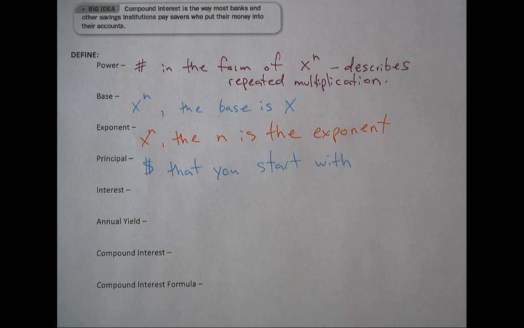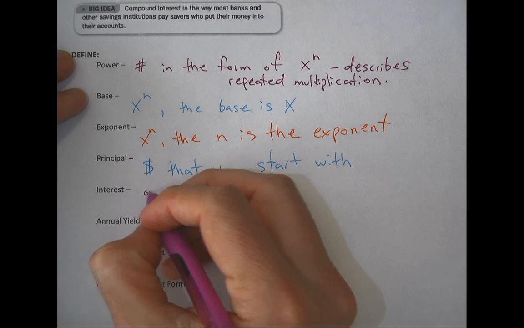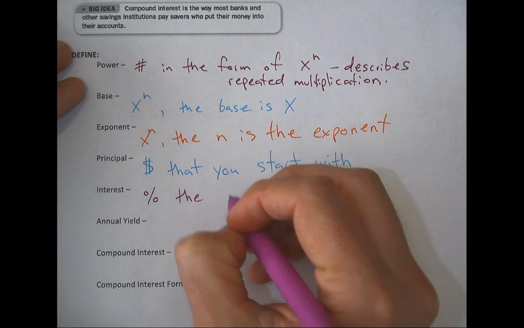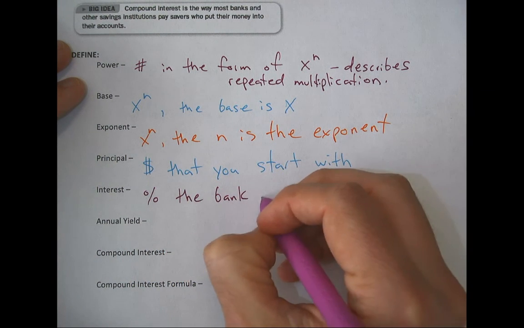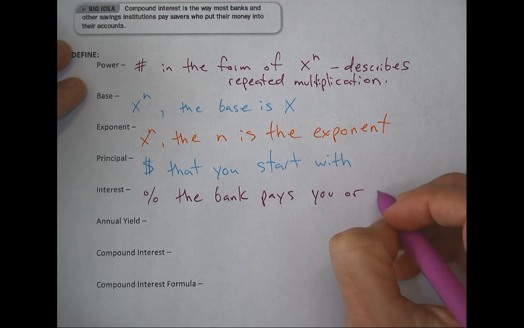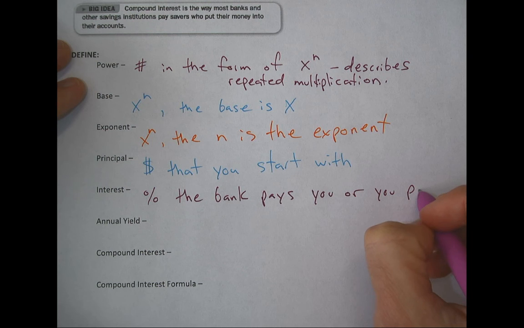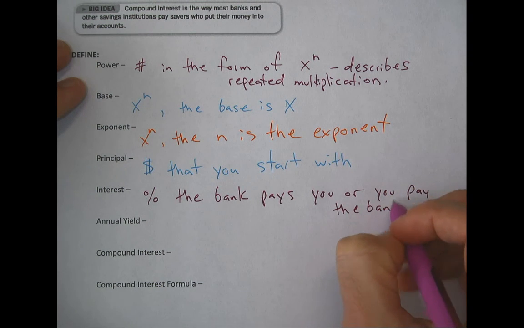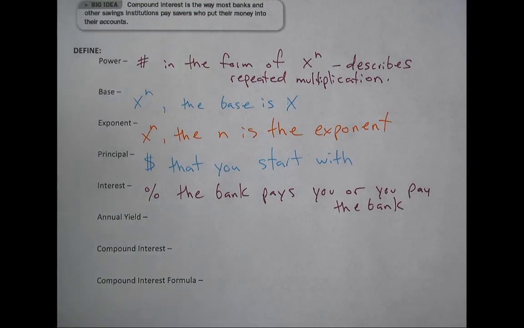The interest is the money that you're going to get, and it's a percentage. So it's the percent the bank pays you or you pay the bank. It depends if you're the one with the loan or if you have an investment.